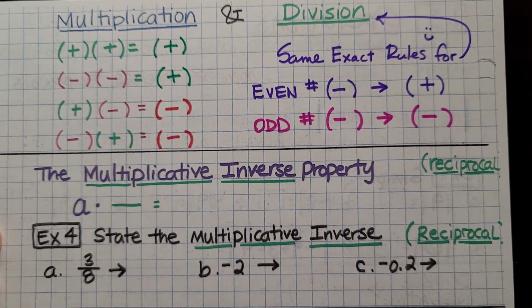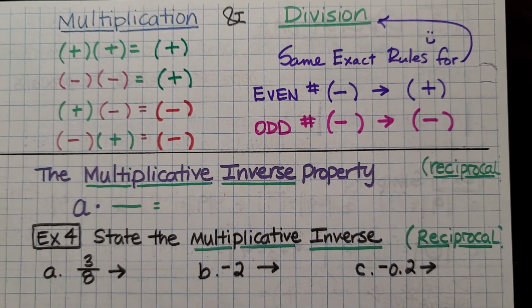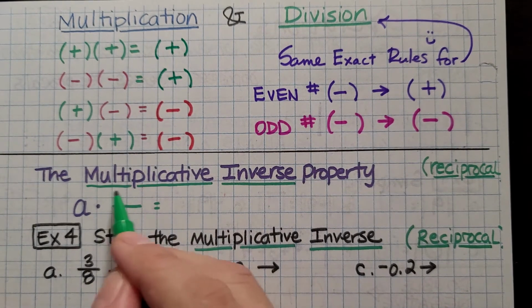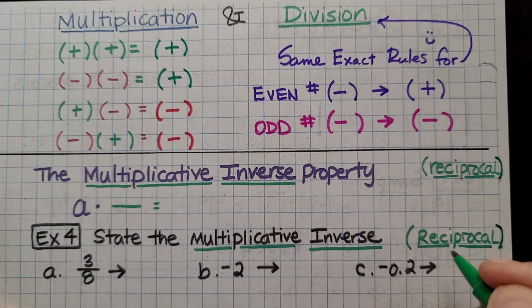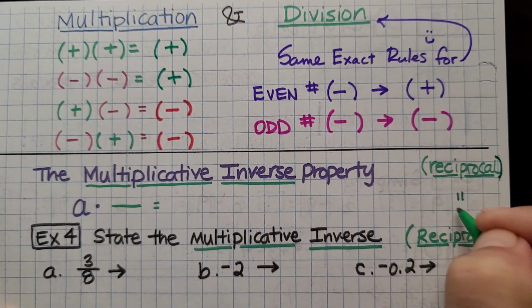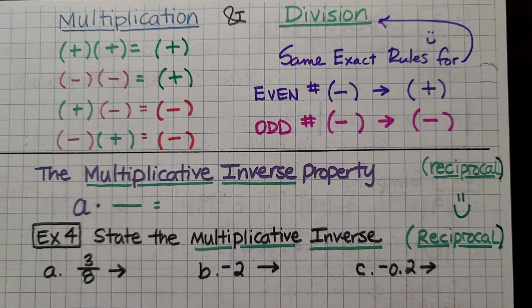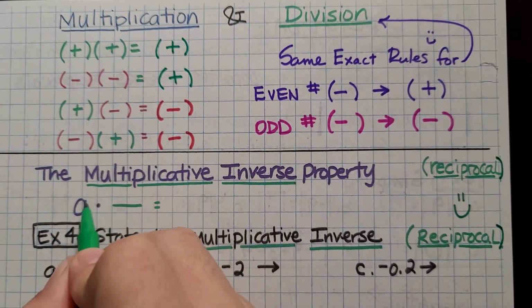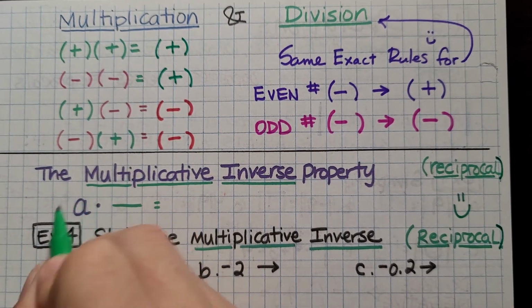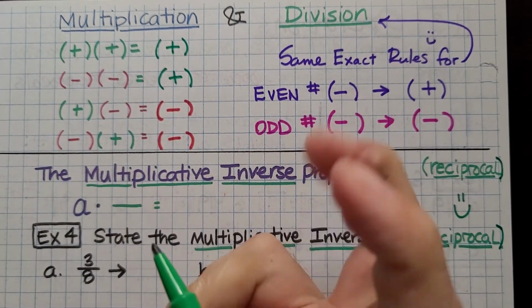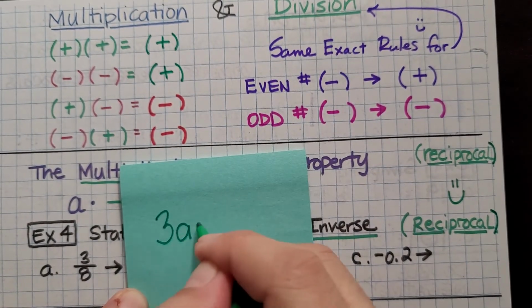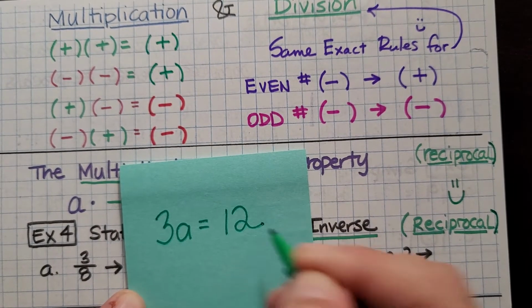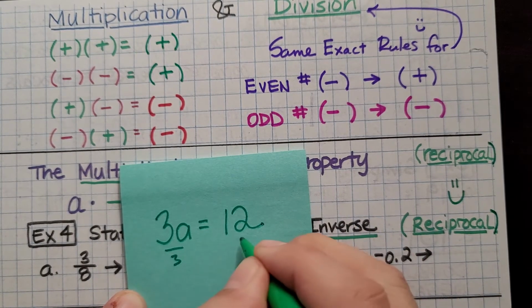Okay, the multiplicative inverse property. This is a fancy word for reciprocal. Think of reciprocal. If I have the number A, or the quantity A, and I want to get rid of it, like 3A equals 12, I know a lot of y'all know to do this: divide both sides by 3.